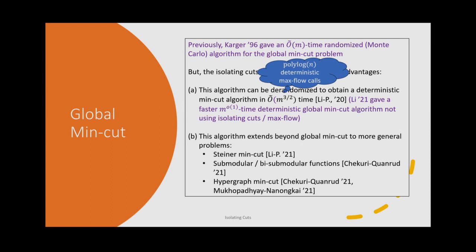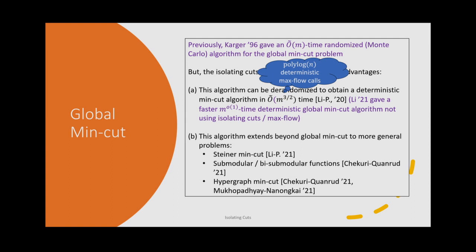All it uses is some properties of cut functions, two properties essentially, submodularity and symmetry, and therefore it can be abstracted, and you can show various improvements in the running time of optimizations of minimization of submodular or bisubmodular functions.